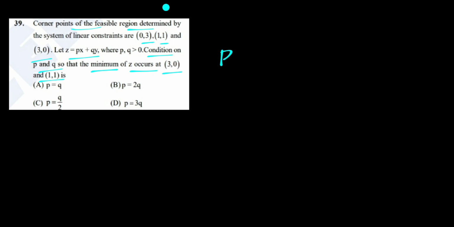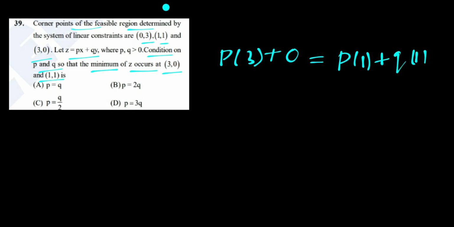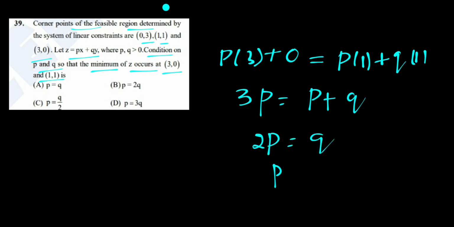P into 3 plus Q into 0 is equal to P into 1 plus Q into 1. Both are equal, minimum at 2 points. So 3P is equal to P plus Q. If you simplify, you will get 2P is equal to Q, so P is equal to Q by 2. So the condition is P is equal to Q by 2. Option C is the correct answer.